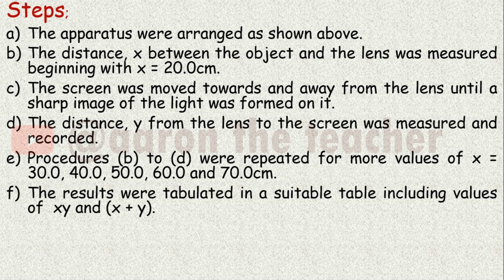Procedure F, the results were tabulated in a suitable table including values of x, y, that is a product, and x plus y, that is also a sum. And my sum, I put it in brackets, the reason being it is a formula.